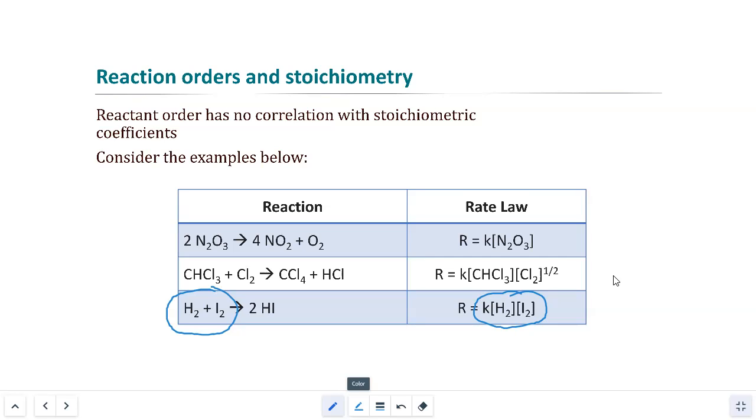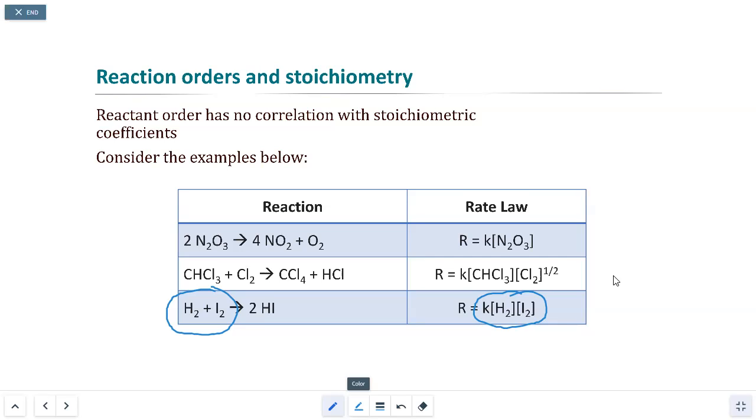Now, when we talk about reaction mechanisms at the end of this, so tomorrow, we can actually talk about these kinds of reactions as being elementary reactions, meaning that they occur in a single step as opposed to over a series of steps.